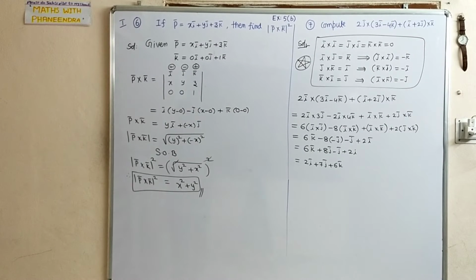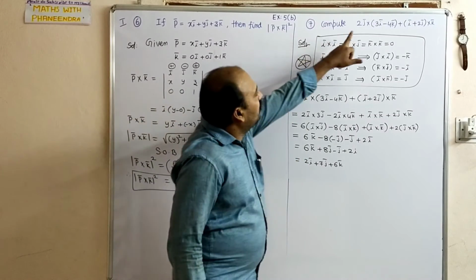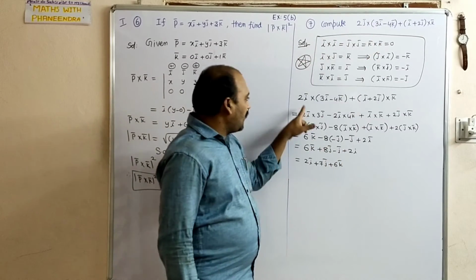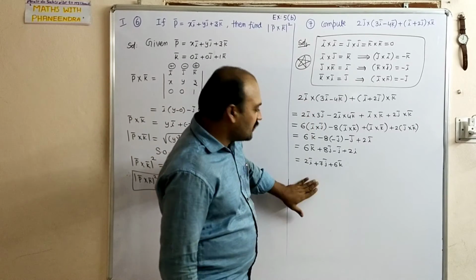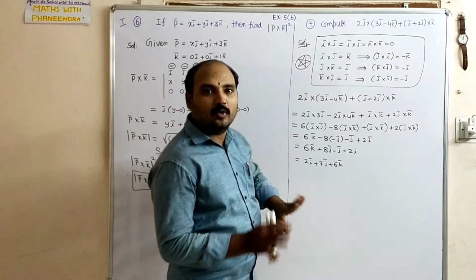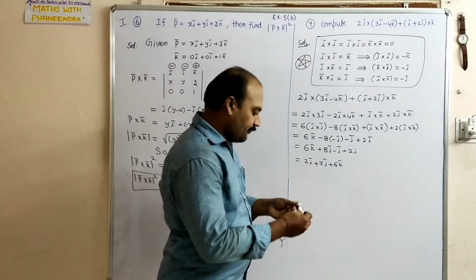Hello dear students, here in the question 2j bar is there, here I have taken 2i bar. So according to this question, this answer is right. Don't think about it as wrong. According to this consideration, it is the correct answer.